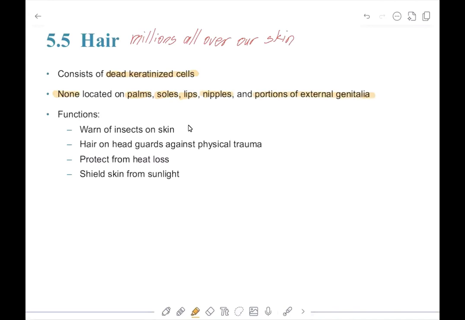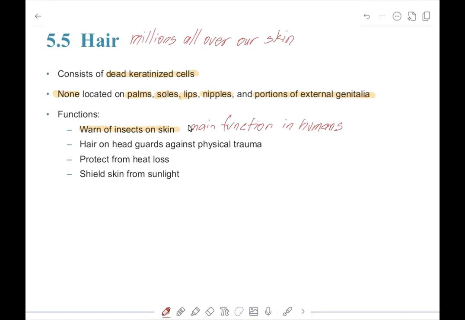Some of the important functions of hair include the fact that it warns us of insects on the skin, and this is really the main function that we see in humans. The others are important, but this is probably the most important of them.